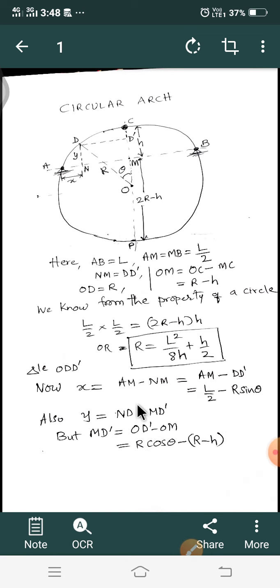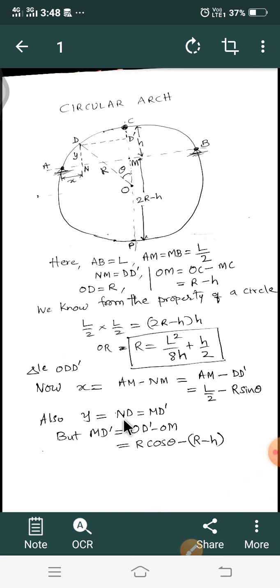So this is AM minus DD dash, which is L by 2 minus R sine theta. So how is DD dash R sine theta? You can see this is triangle DD dash O. In this one DD dash is opposite of theta, and this is the hypotenuse here. That is why DD dash is equal to R sine theta. Finally X is equal to L by 2 minus R sine theta.